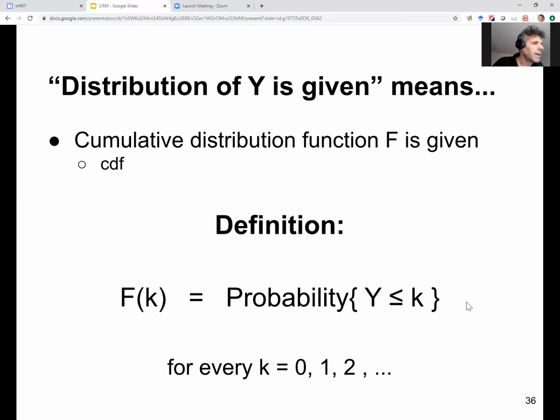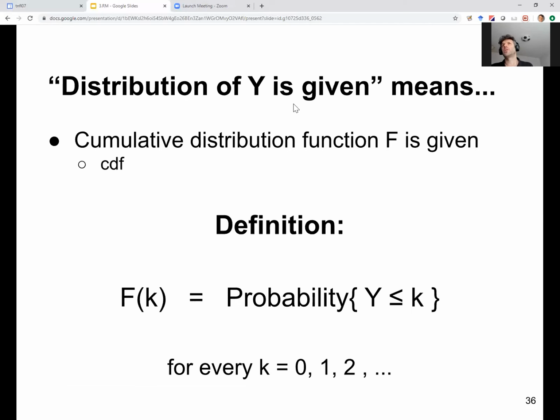So in somewhat more technical terms, what does it mean that we are given the distribution of a random variable y? Well, it means that we know the cumulative distribution function of y. And here is the definition for the distribution function.